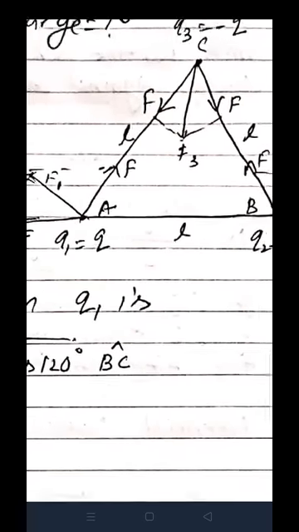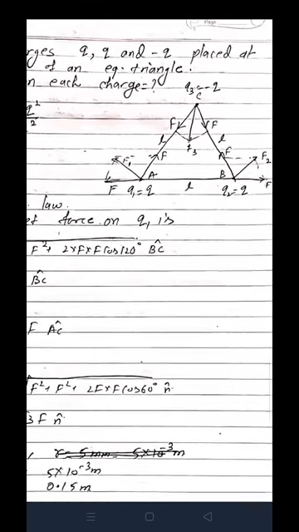But here in this case, the angle between the two forces is not 120, it is 60 degree. After putting all this, you will get the value, root 3 F.